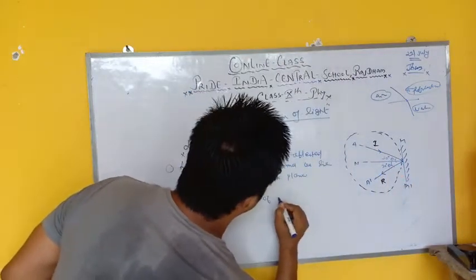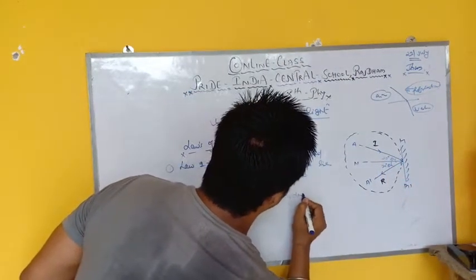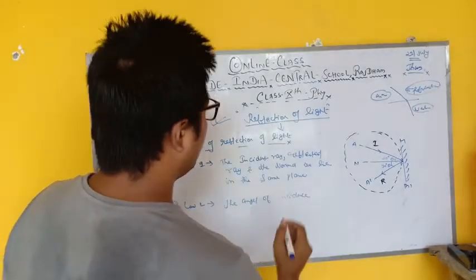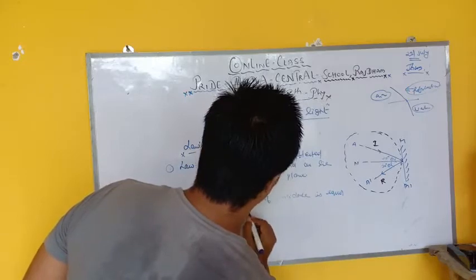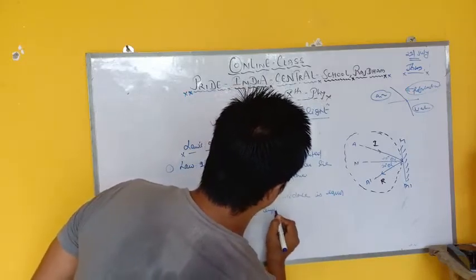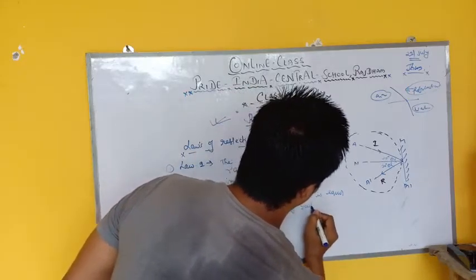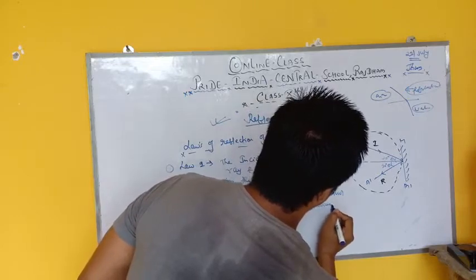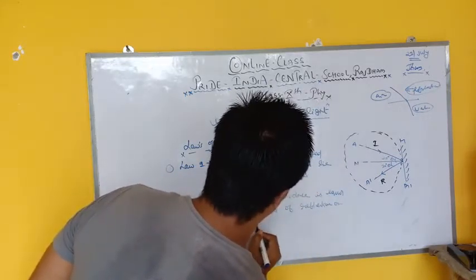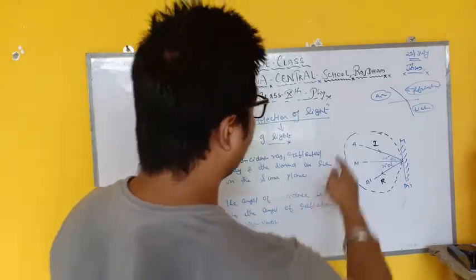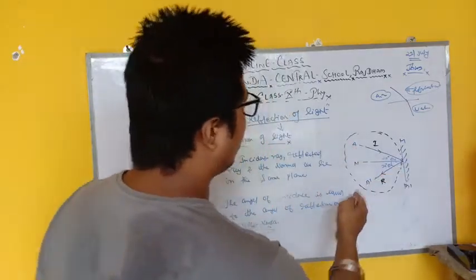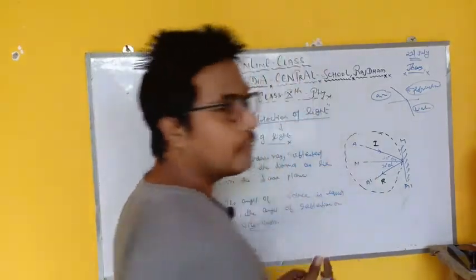So the angle of incidence is equal to the angle of reflection, or vice versa. Vice versa means either the angle of incidence is equal to the angle of reflection, or the angle of reflection is equal to the angle of incidence.